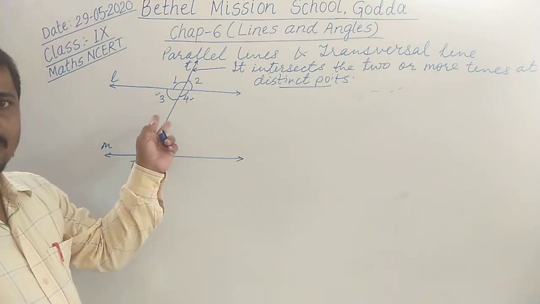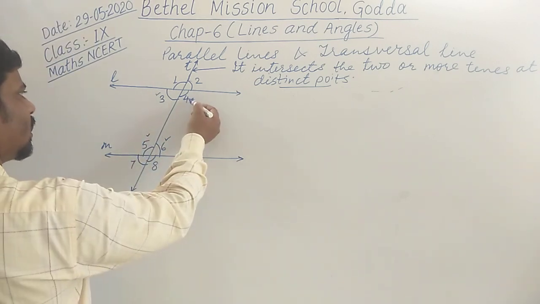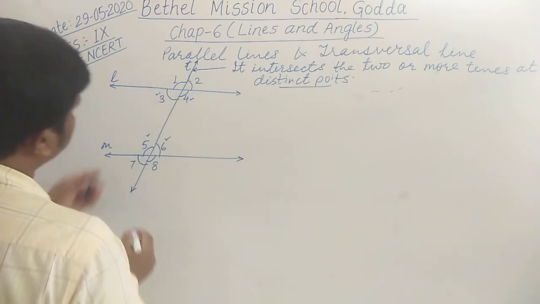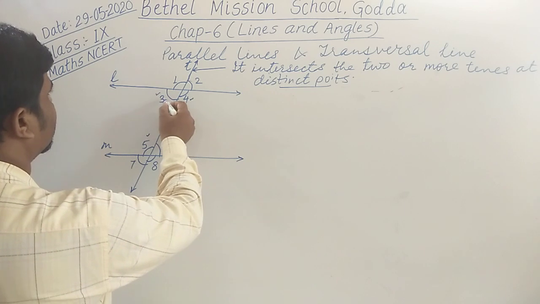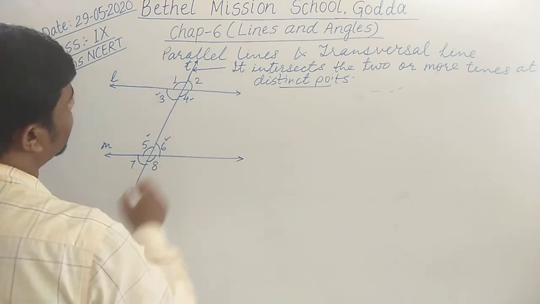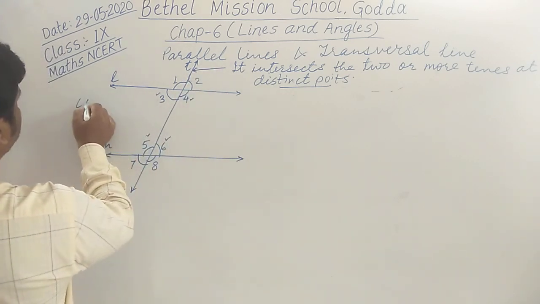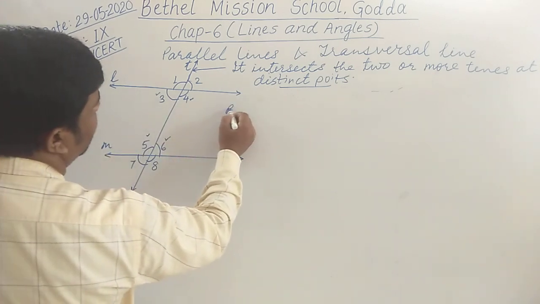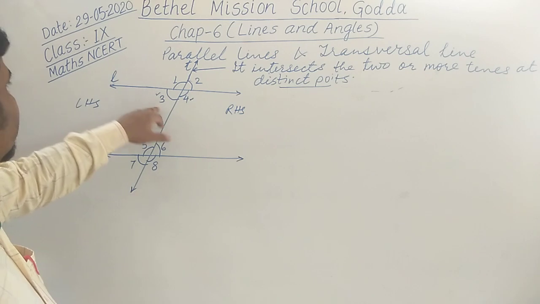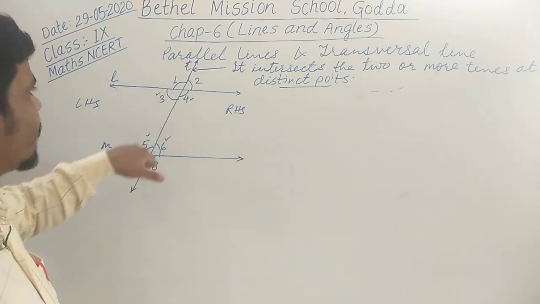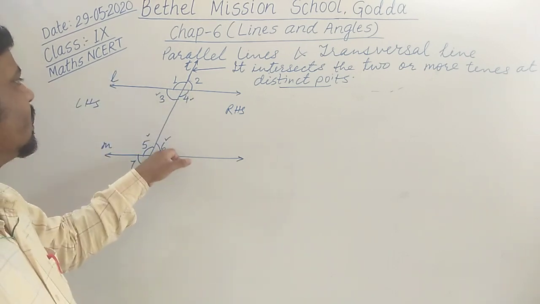There are some relations. This angle 3 is on the left side of this transversal. This side is LHS, and this is RHS, right hand side. So this 3 is on the left side of the transversal and this 6 is on the right side.